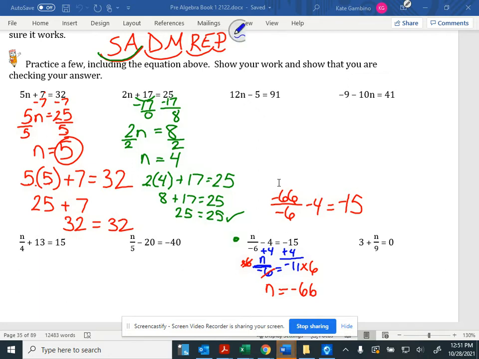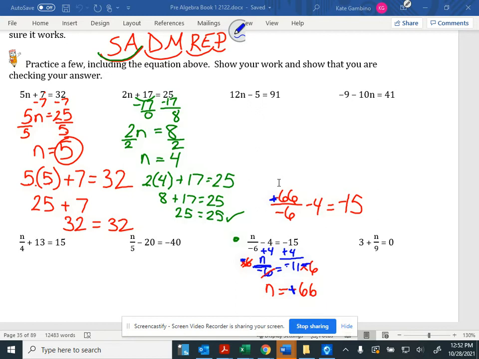This is a negative 6 right here, so we have to do a negative 6 there and there. Silly, simple mistakes like that get us the wrong answer. If I'm dividing by a negative 6, I have to multiply by a negative 6. So negative times a negative, our answer should be a positive 66.